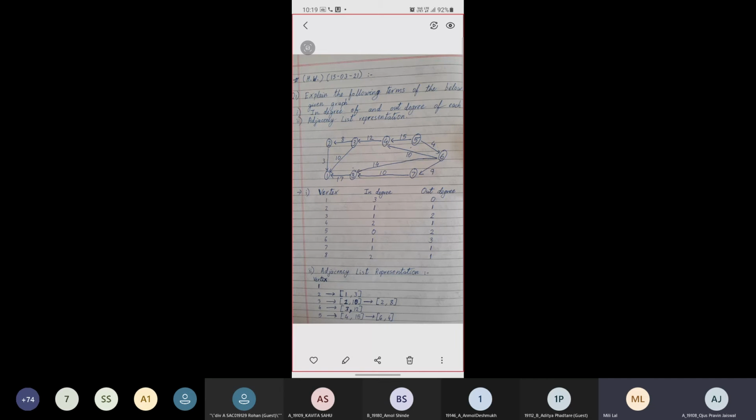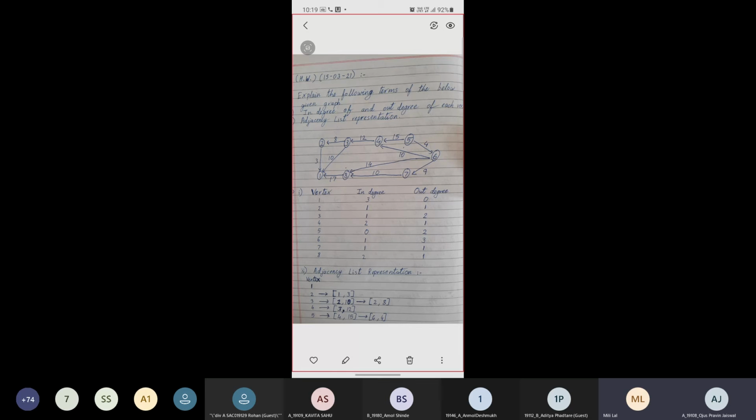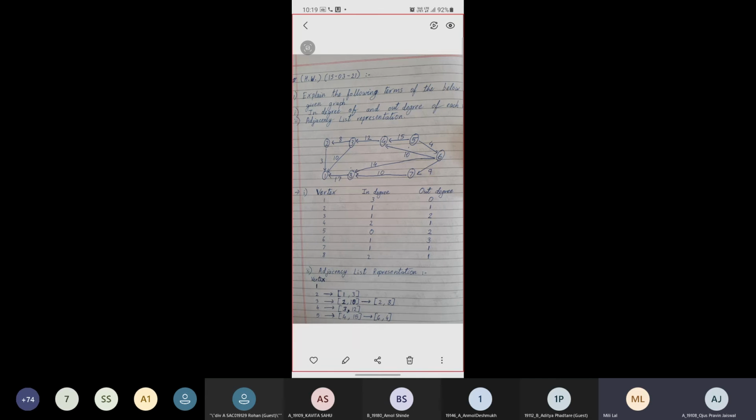So 2 and 1, 3. Similarly, for 3: 1, 10 and 2, 8. For 4: 3, 12. For 5: 4, 15 and 6, 4. For 6: 4, 10 and 7, 9 and 8, 14. For 7: 8, 10, and for 8: 1, 17.